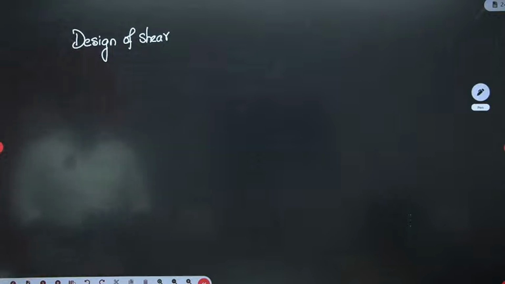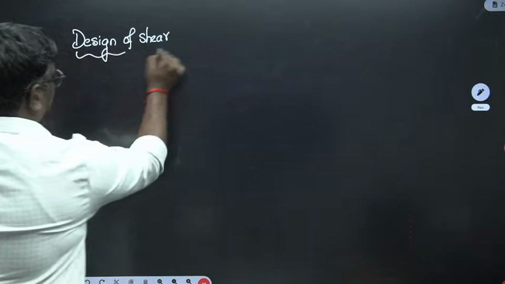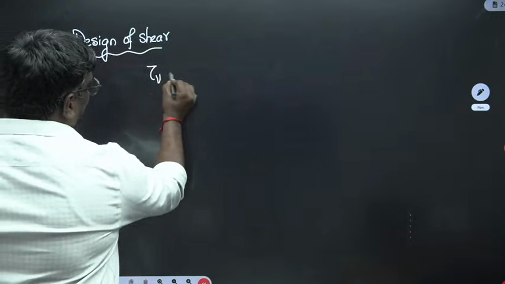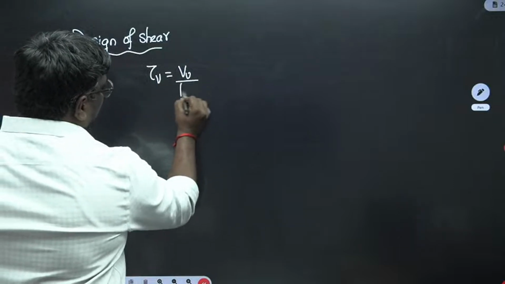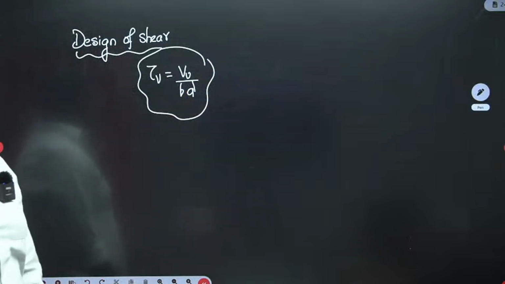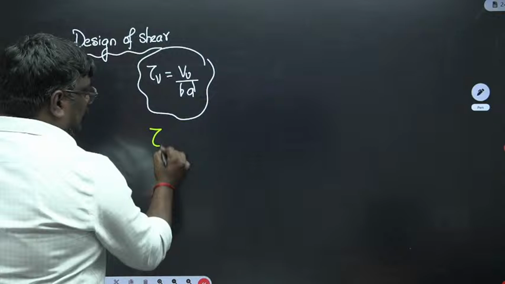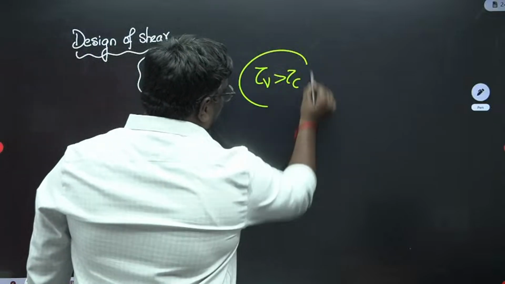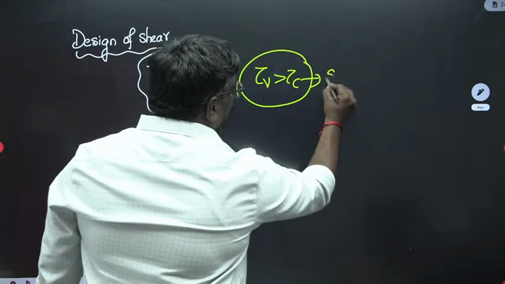So when I talk about the design of shear, there was a question. Tau v is equal to what, sir? Vu by bd. This is the nominal shear stress. And we have tau c also. When tau v is greater than tau c, you should remember that shear reinforcement is mandatory.